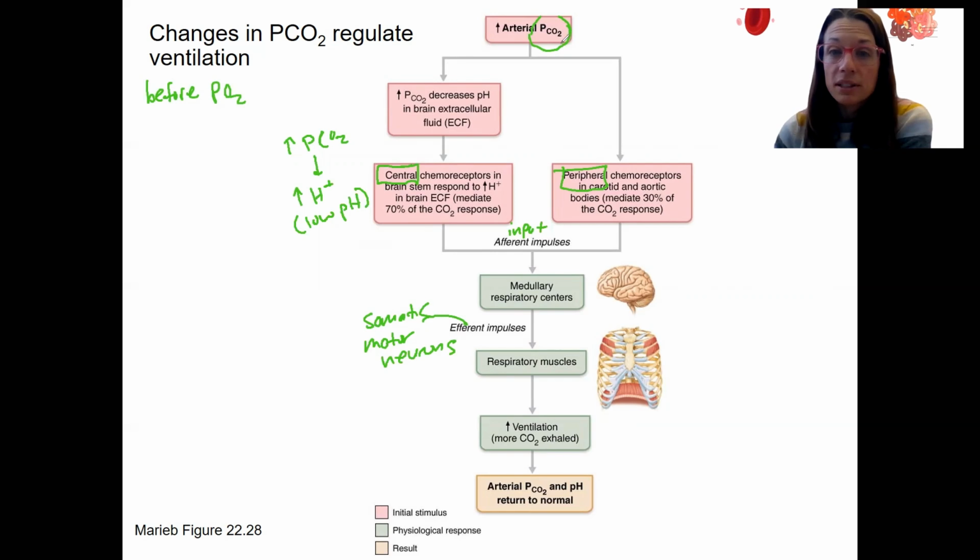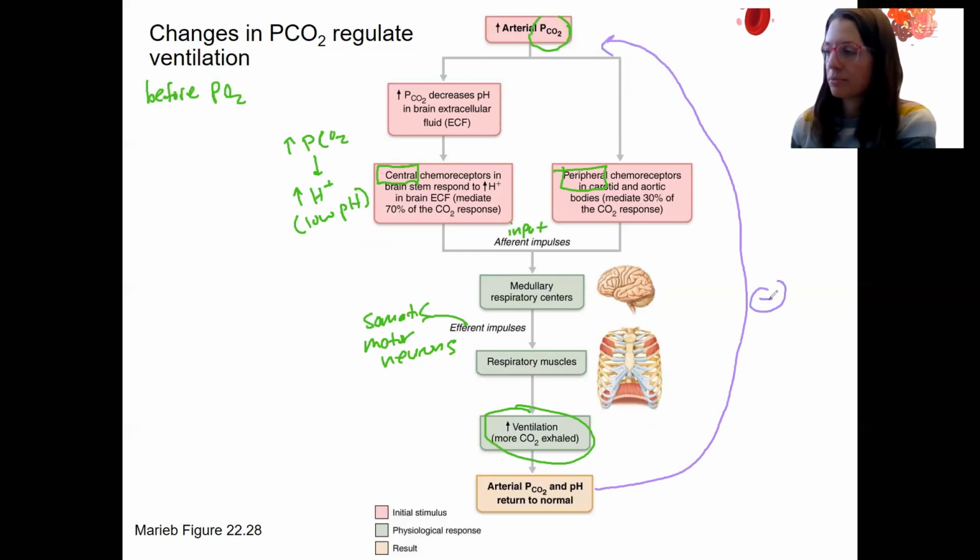High PCO2 would result in increased ventilation, which means more CO2 being exhaled. That's going to bring us back to homeostasis in terms of lower PCO2 and higher pH. So we've got negative feedback here. This high PCO2 is called hypercapnia.